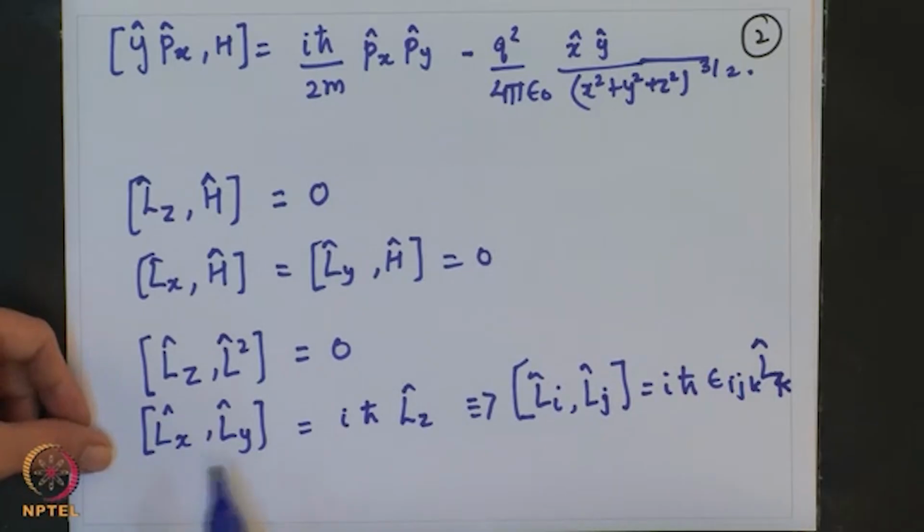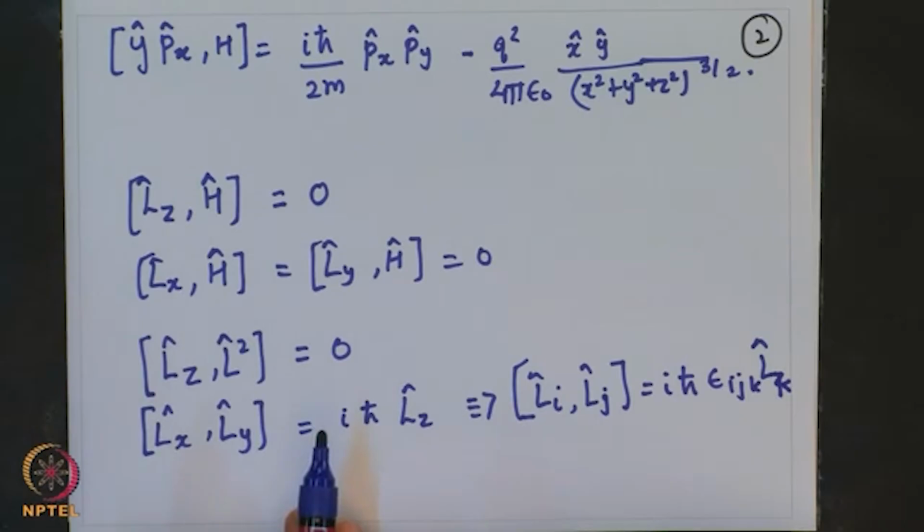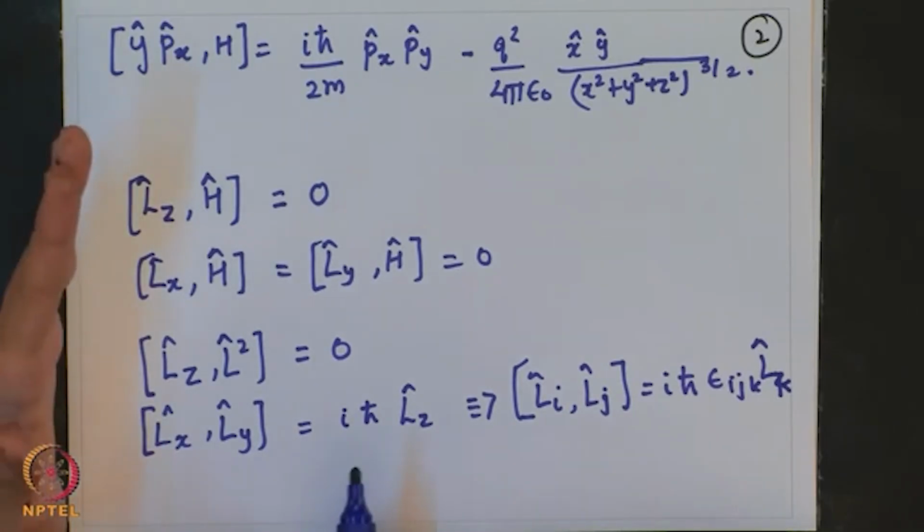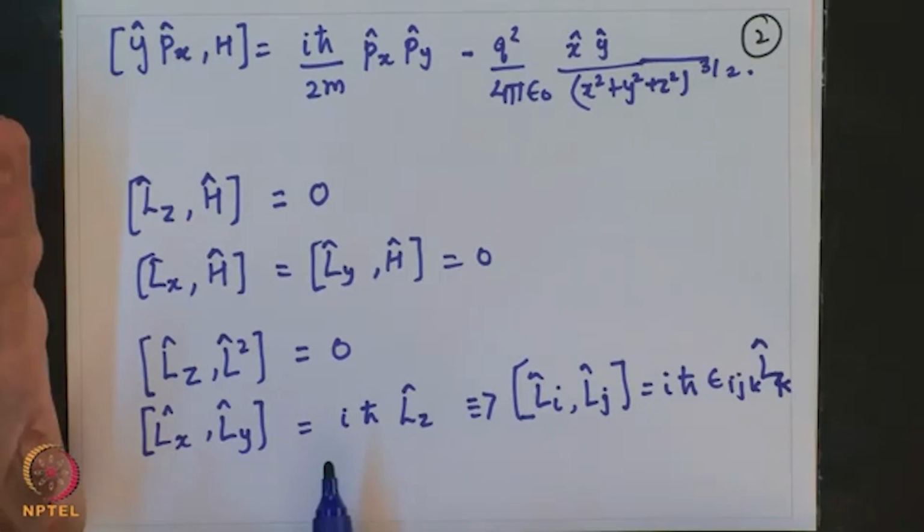However, Lx and Ly, or any of these Li and Lj, do not commute, so one cannot obtain a simultaneous eigenket for these operators. However, Lx with L square, or Ly with L square, or Lz with L square, can have a simultaneous eigenket because these Li's with L square commute.